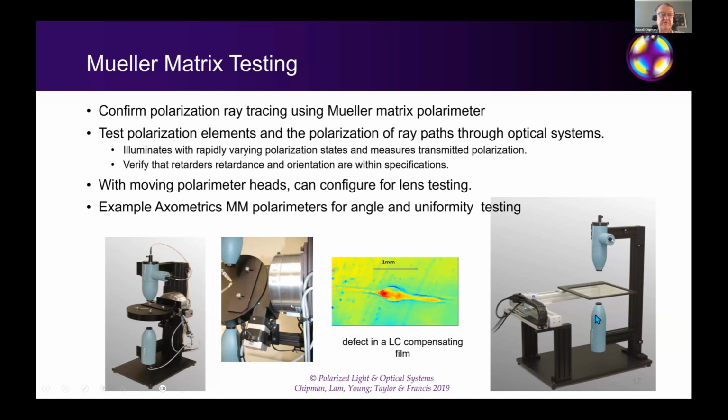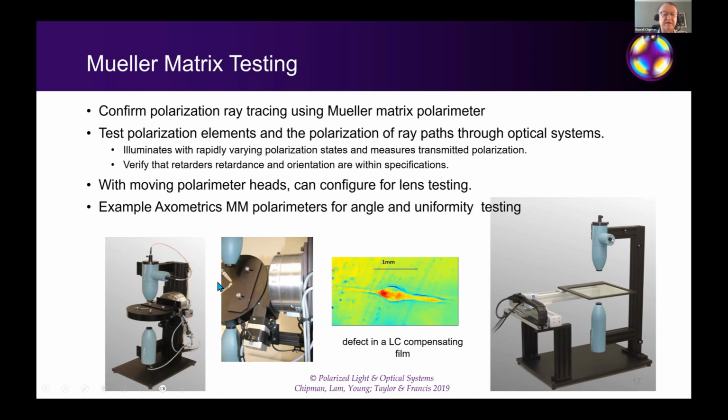And these are used in factories where they produce polarizing films or liquid crystal cells or displays when they set up the manufacture of liquid crystal displays and when they do the ongoing quality control. Here's just an example of a defect in a liquid crystal compensating film, the type of data that we would use.